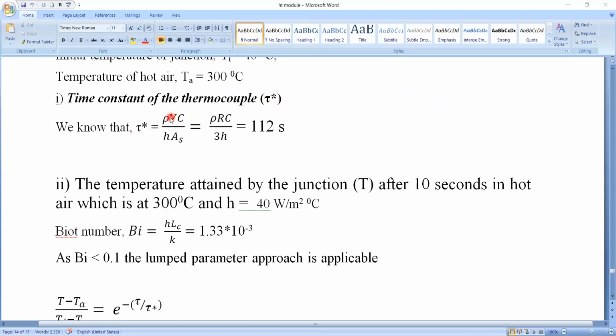For a spherical member, V by As is R by 3, because V by As is nothing but the characteristic length. So the characteristic length for a spherical member is R by 3. So tau star equals R by 3 into rho C divided by H. Substitute all the values, and you will get 112 seconds.